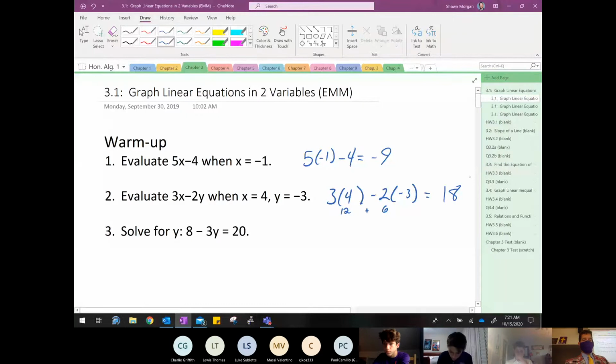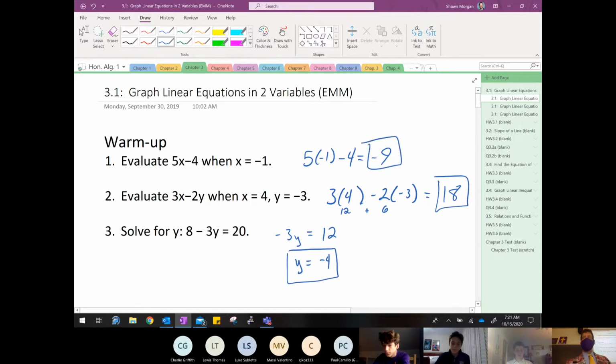So first I subtracted 8 from 20. Then I divided by 3. What kind of 3? The -3. And what'd you get? Y equals -4. Perfect. And boom goes the dynamite. All right, so 3 good little questions for us here.